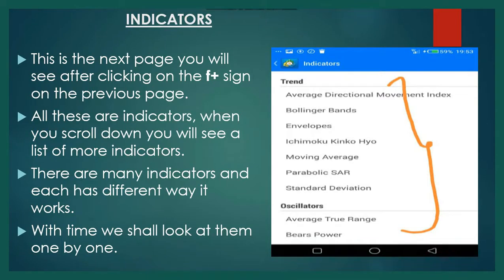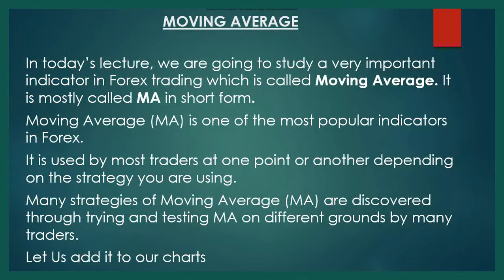This is the next page you will see after clicking on the F plus sign on the previous page. All these are indicators. When you scroll down, you will see a list of more indicators. There are many indicators and each has a different way it works. With time, we shall look at them one by one.